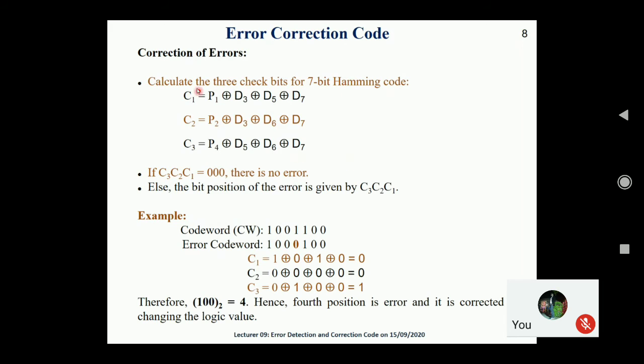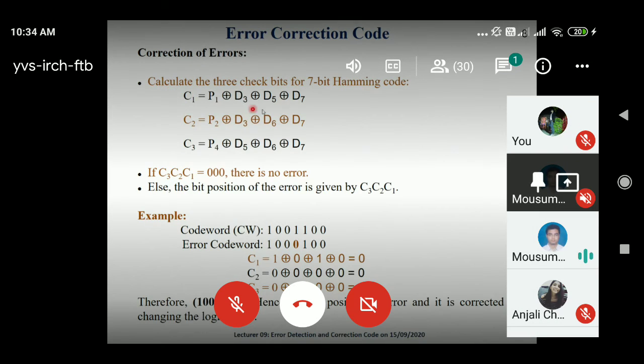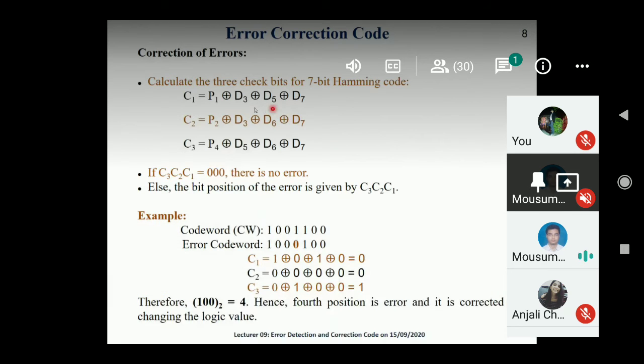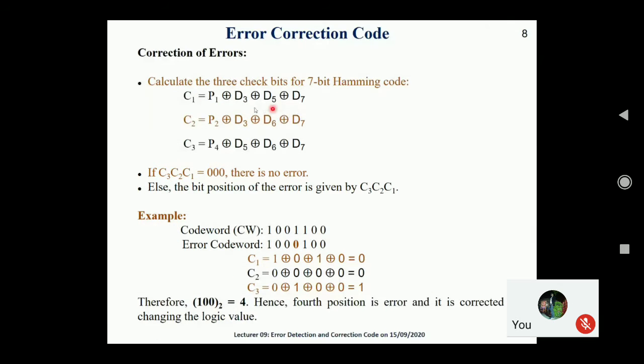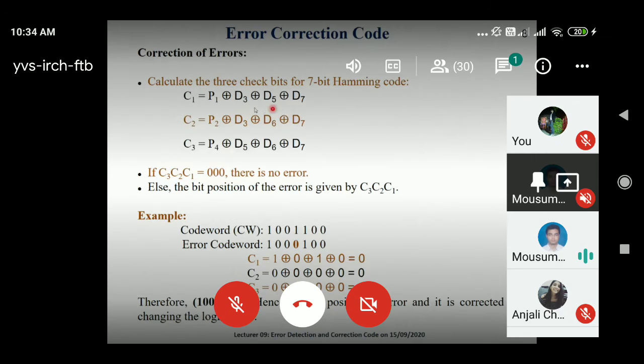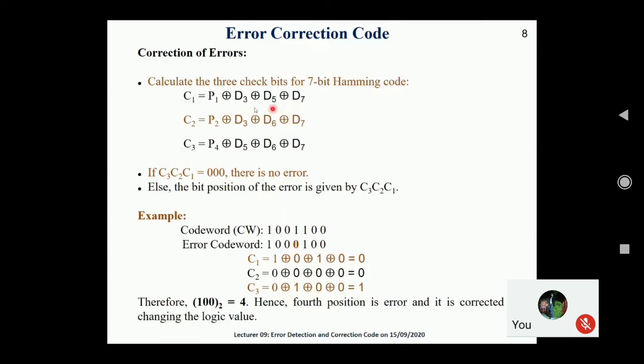When we compute this, always write from MSB to LSB. We write in this form: C3, C2, and C1. C1 is the LSB and C3 is the MSB.